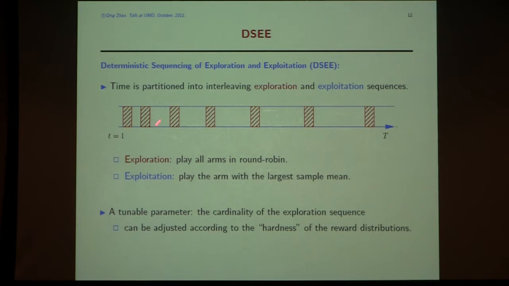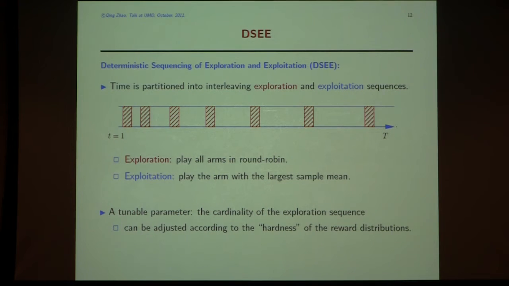So illustrated here, the red bars here are time instants belonging to the exploration sequence. So in the exploration sequence, the player would play all arms in a round-robin fashion. If we have 3 arms, I will play arm 1. When this comes, I play arm 2, then arm 3, then I go back to 1, 2, 3 again.